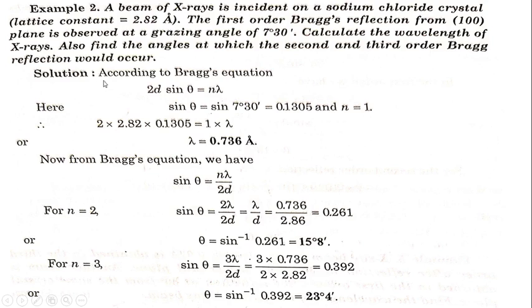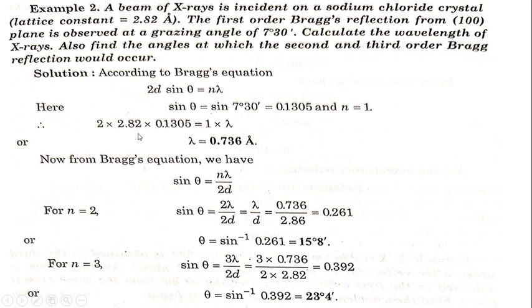Now see, according to Bragg's law, 2d sin theta equal to n lambda. Therefore sin theta equal to sin of 7 degree 30 minutes, we get sin theta equal to 0.1305 and n equal to 1.